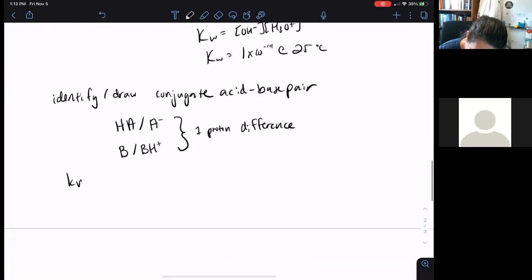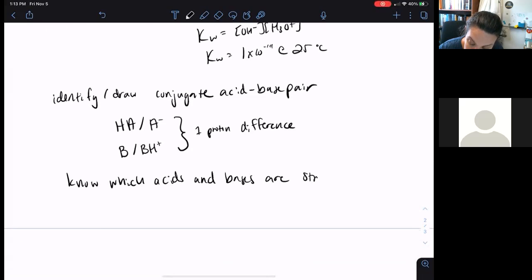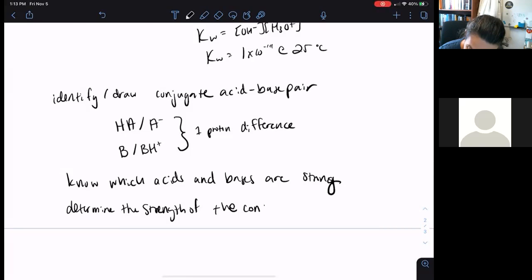You need to know which acids and bases are strong. So you need to know that list of acids and the bases. You should also be able to determine the strength of the conjugate based on the other substance.